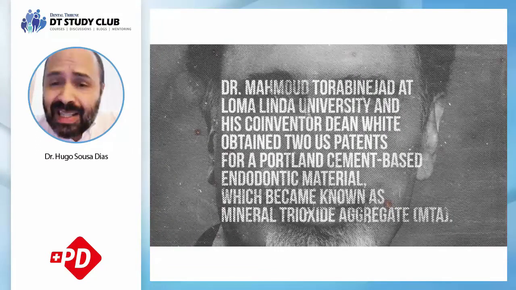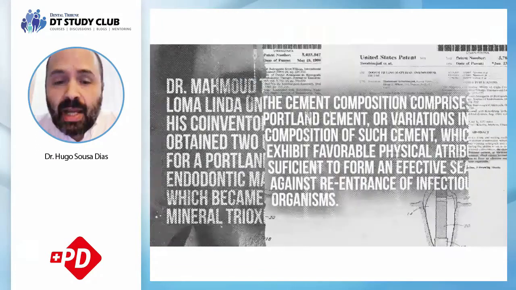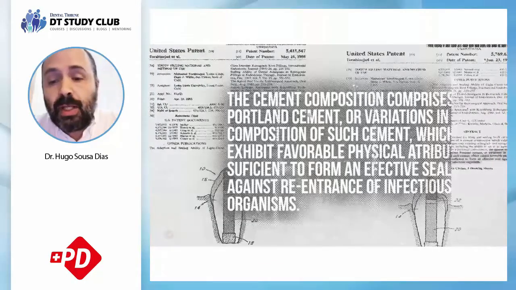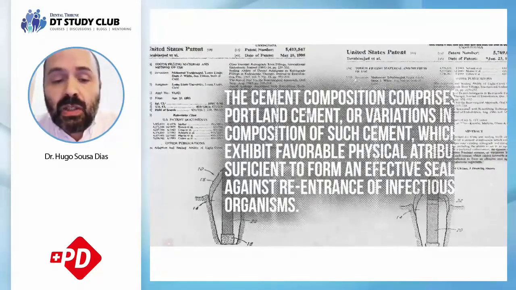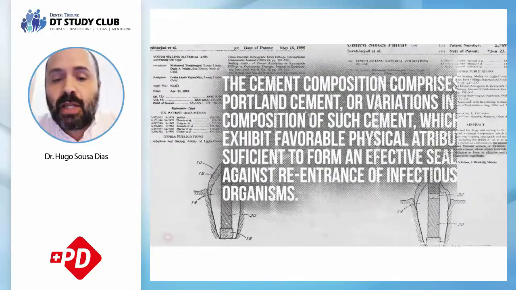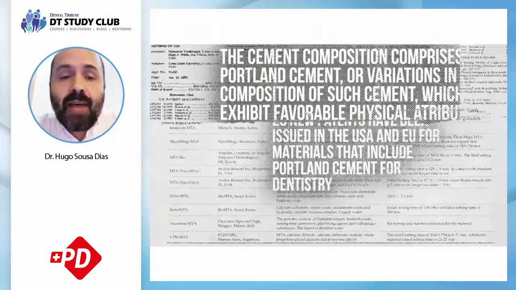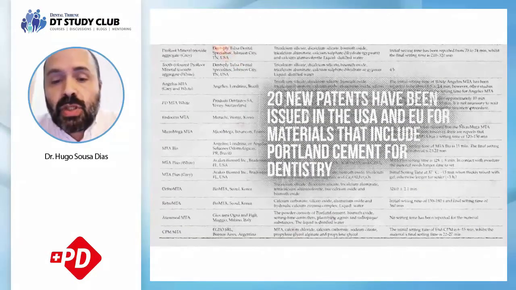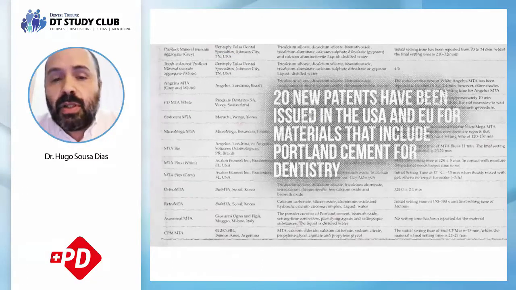In these 2 patents, we can find that the favorable physical properties are attributed to their effective seal against the reentrance of infectious organisms inside the root canal. Nowadays, we have more than 20 patents in the United States and Europe using Portland cement for dentistry.